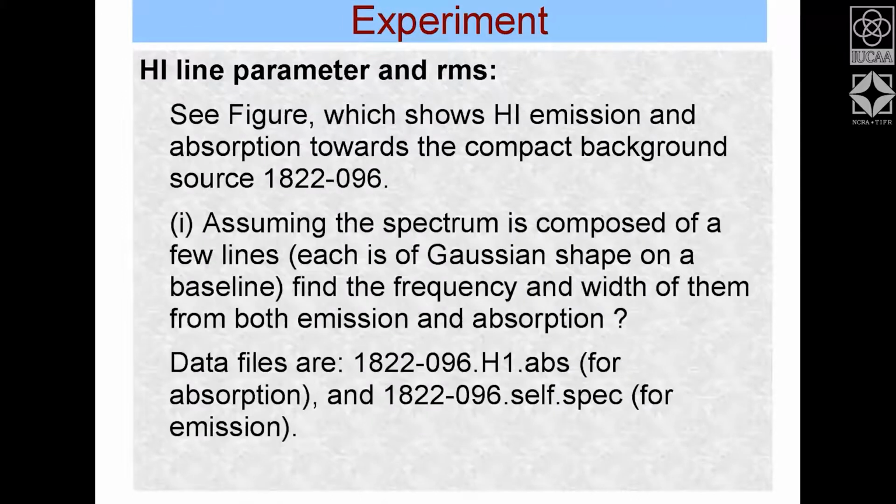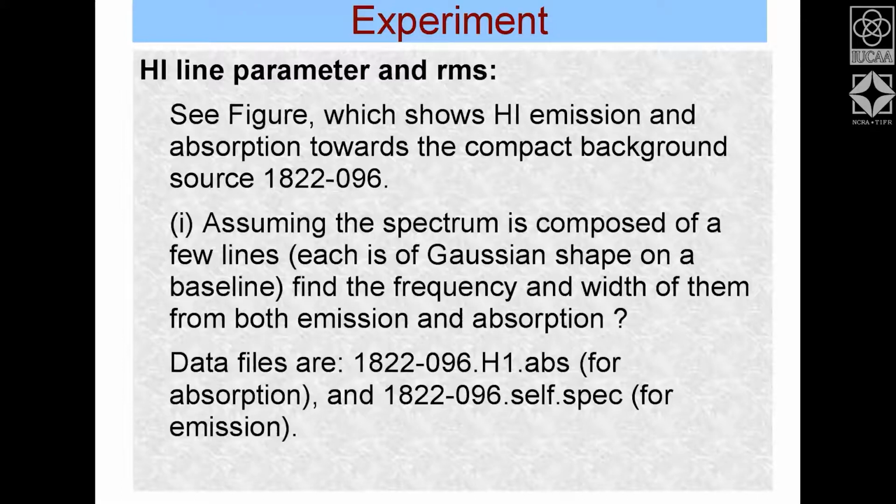Now the spectrum you can consider as a mixture of several Gaussians, that is, an addition of several Gaussians. How do you represent a Gaussian? You would have heard that the line, I nu, you can write as equivalent to I0 exponential of minus v square by sigma square, or nu minus nu naught whole square by sigma square, where sigma is the width of the Gaussian.